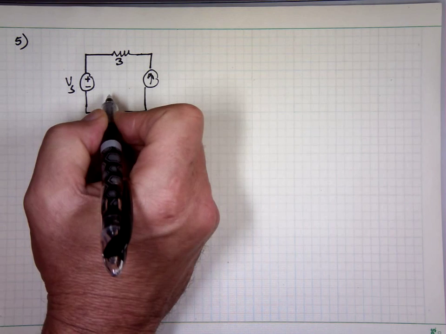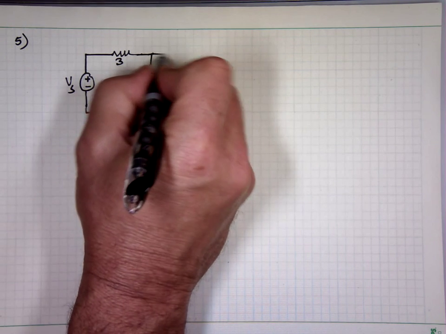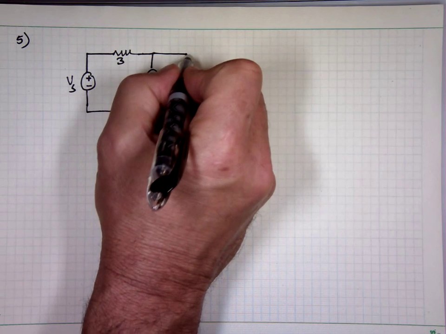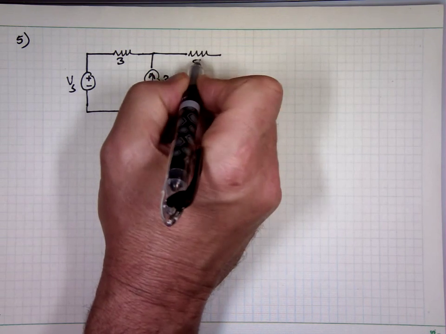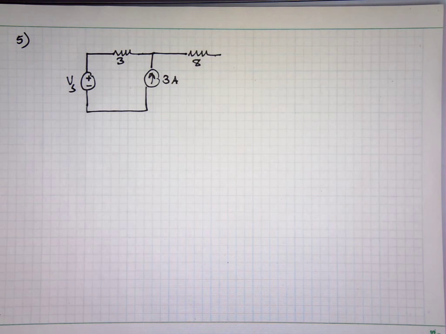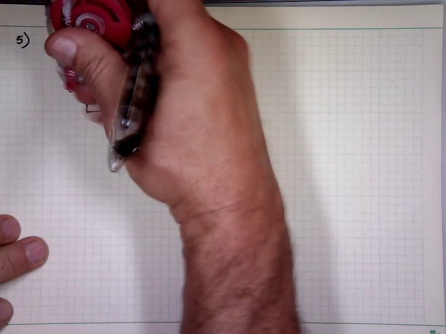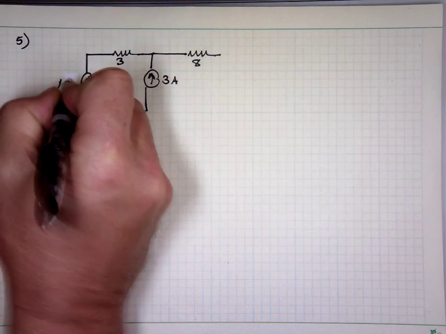Three amps. 8 ohms. Oh, I'm sorry, that's 18, the first one. Vs is on the right side. This is 18 volts. And this is Vs.